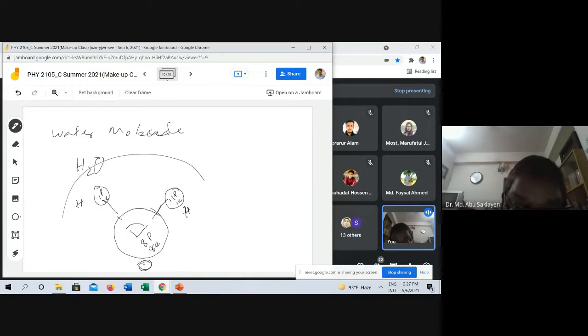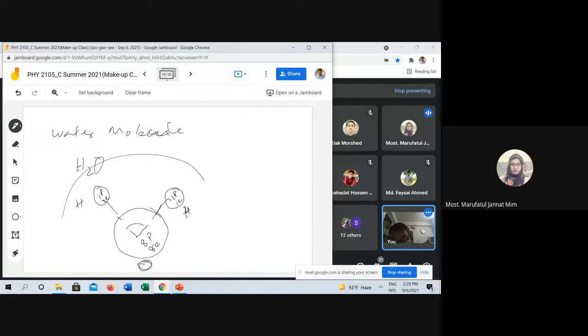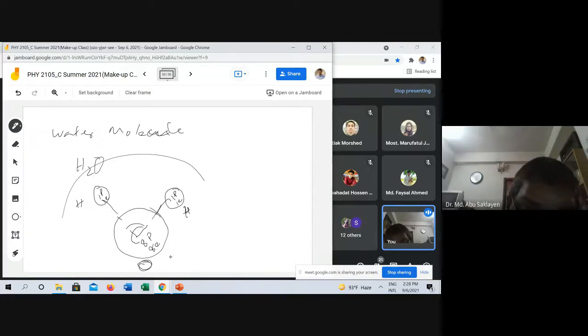The total number of electrons in this structure is 10, right? Yes, sir. And here in the oxygen atom there are 8 protons. Protons are positively charged and electrons are negatively charged. So these 10 electrons come very close to the oxygen nucleus.